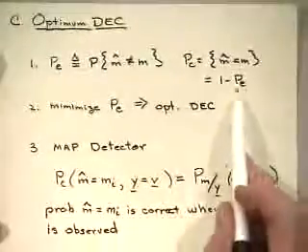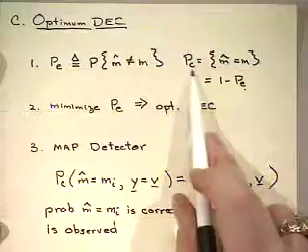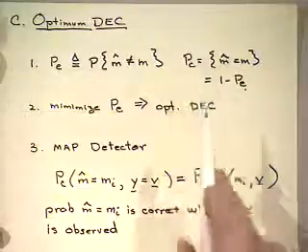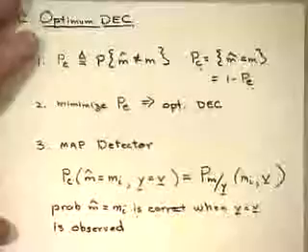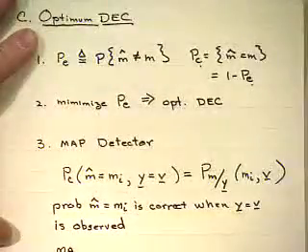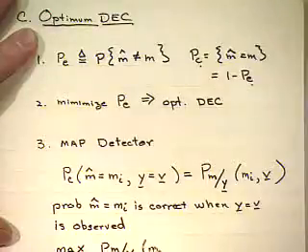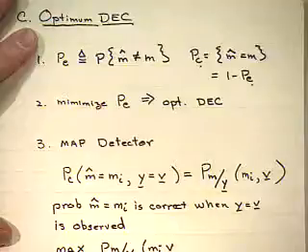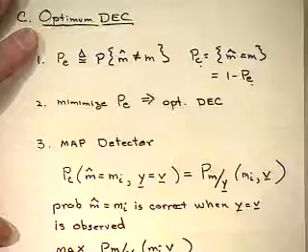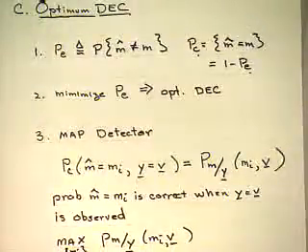So if I want to minimize the probability of error, I would maximize the probability of being correct. And so what I want to do is maximize P of M given Y, M sub I, V, over the choices of M sub I.